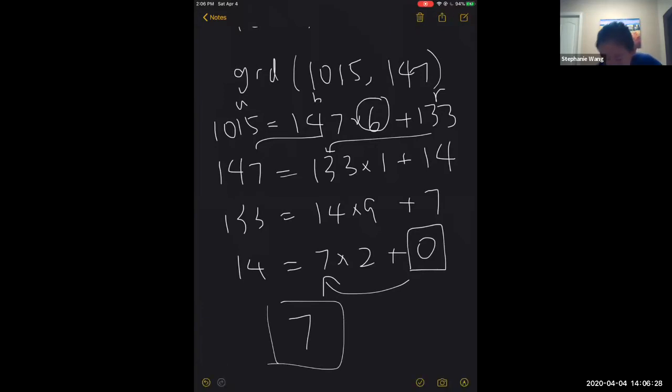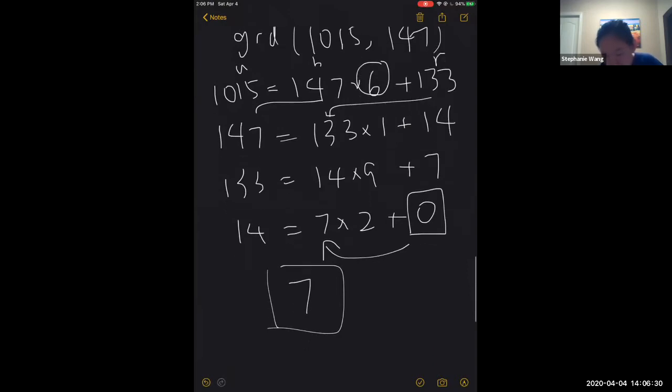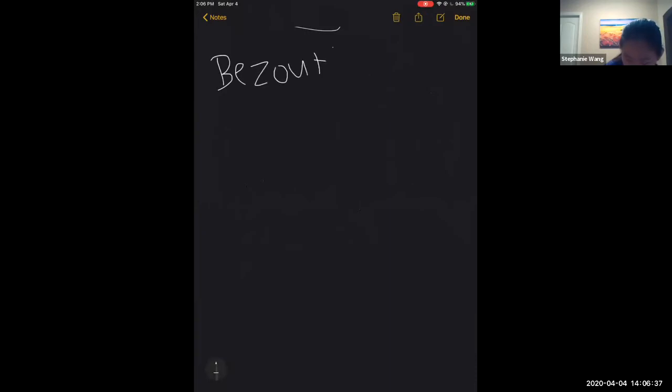Okay, one more theory thing that I want to cover before problems is something called Bezout's Identity. Although this doesn't show up extremely often, it's still important to know.